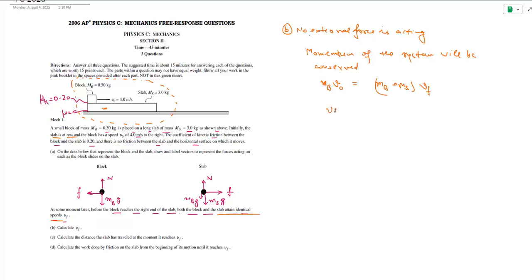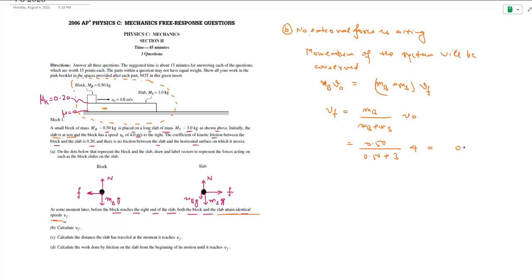So from here we can write the final speed of the combined arrangement: that is the mass of the block divided by the mass of the complete system times V naught. Substituting the values, that is 0.50 kilogram over 3.5 kilogram, and the speed is 4 meter per second.